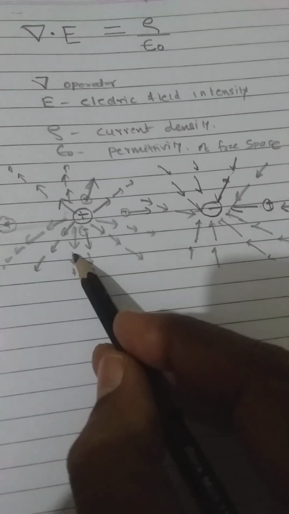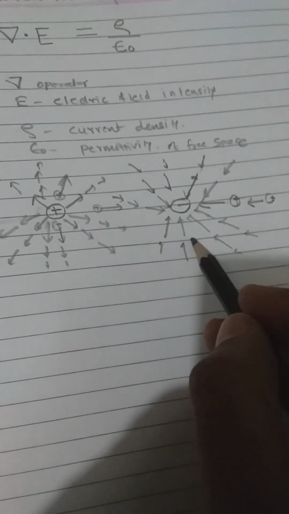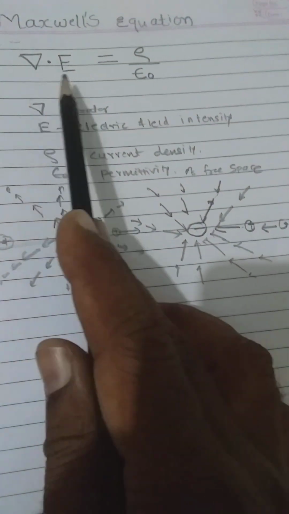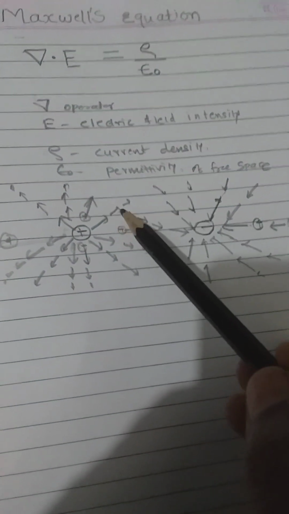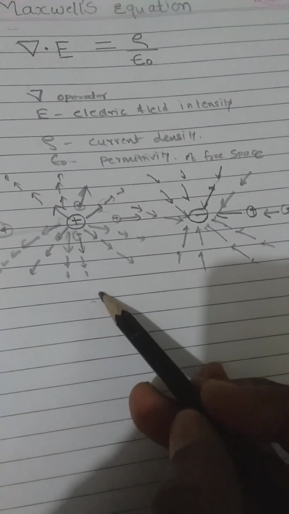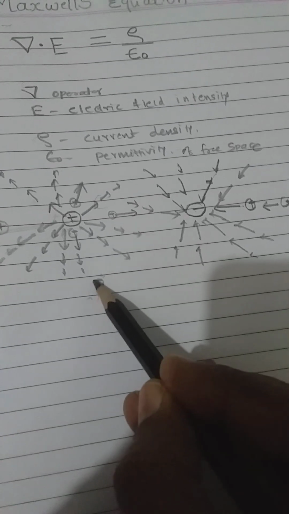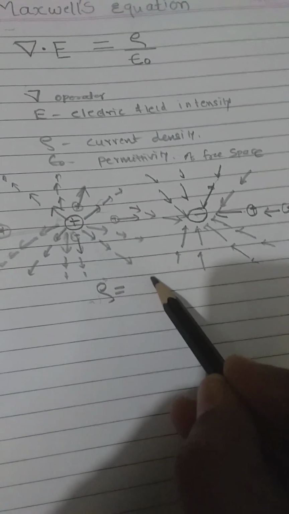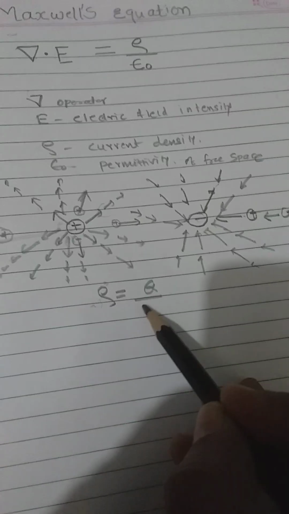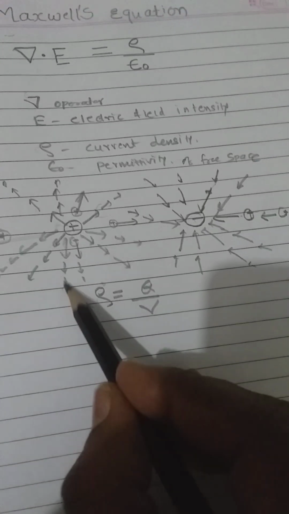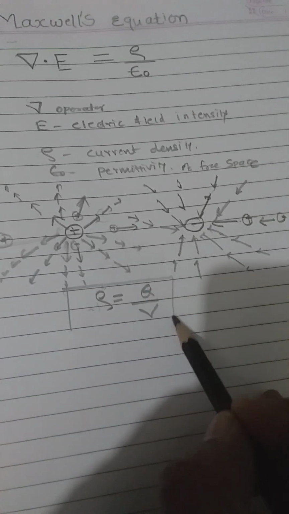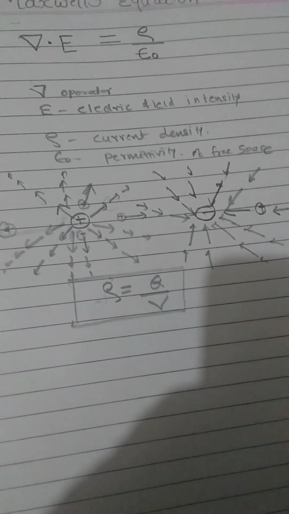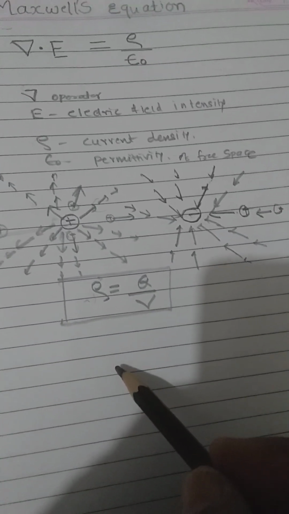So this is the vector field of positive charge, this is the vector field of negative charge, and divergence of E gives you the charge per unit volume, that is rho. It gives you the charge density.